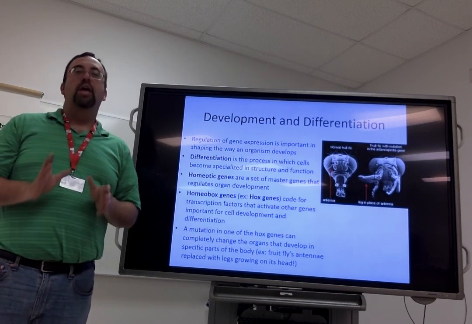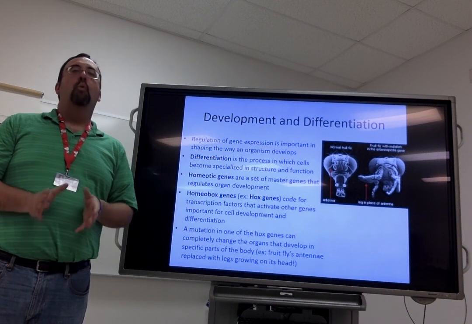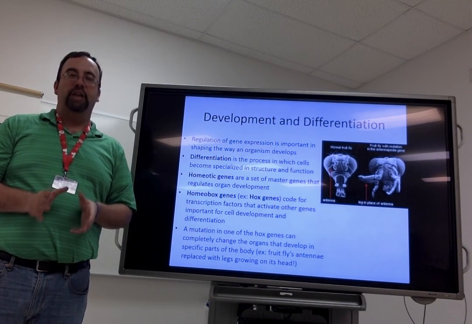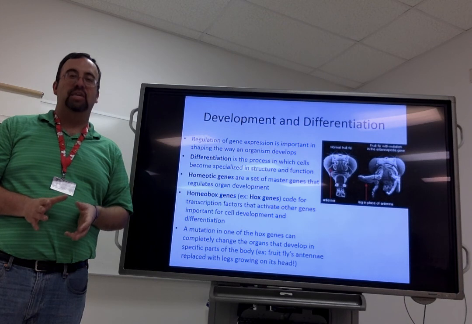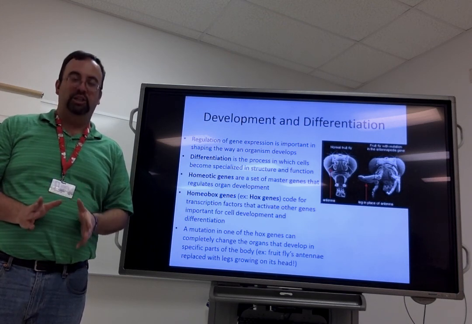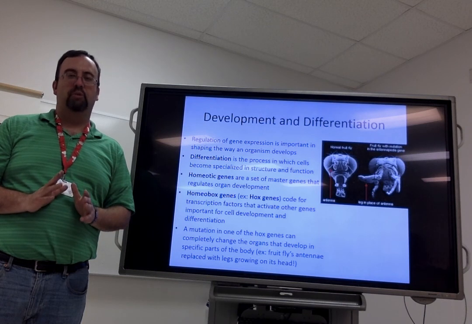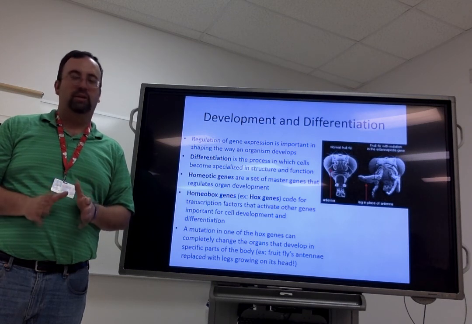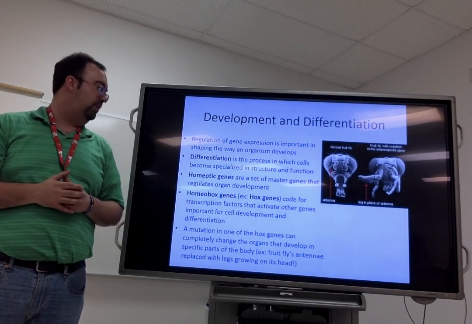And so, as we talked about before, one of the favorite models that geneticists like to use is the fruit fly. The fruit fly has a relatively small number of genes, and they are able to be grown very quickly, and they're able to look at the effects very quickly.